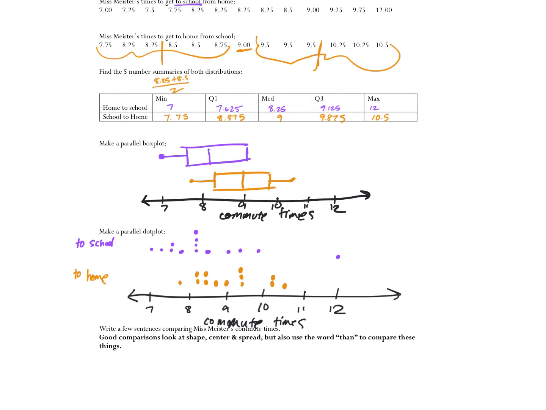A reminder, this went out, we made the whisker to 9.75, because you don't connect to outliers.